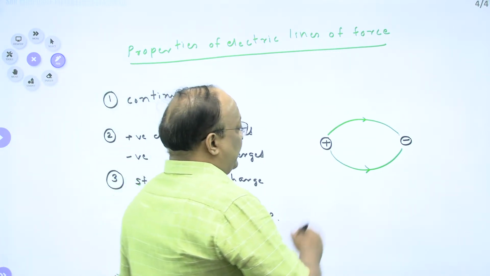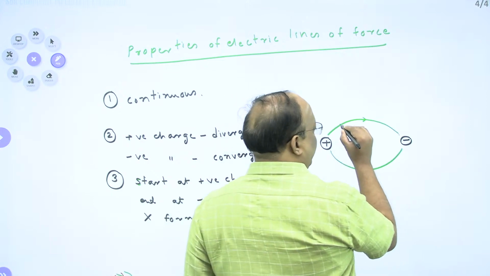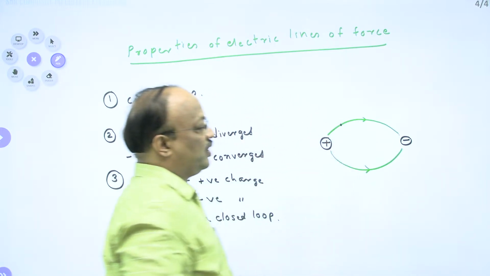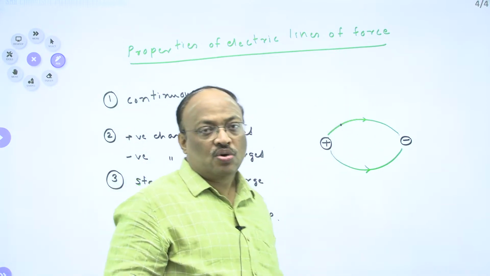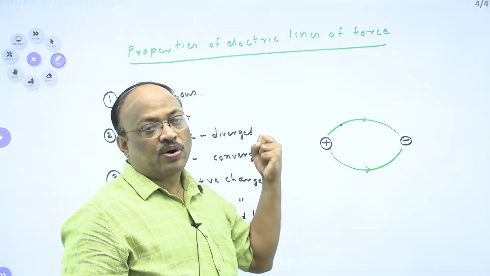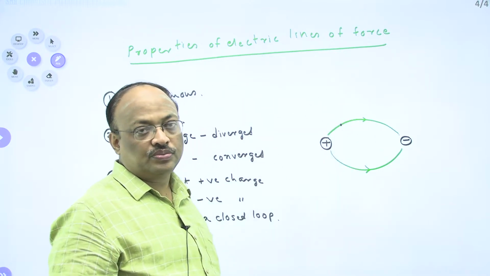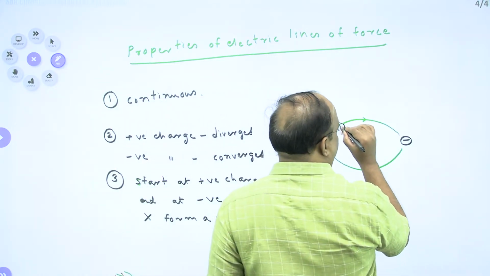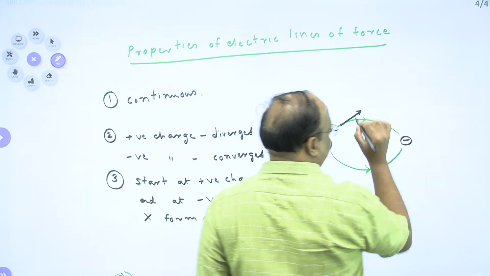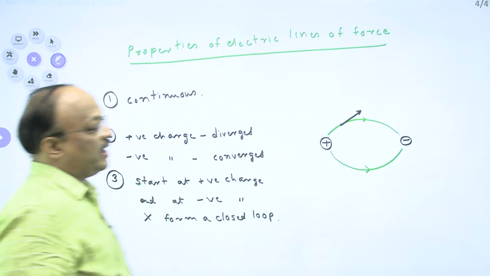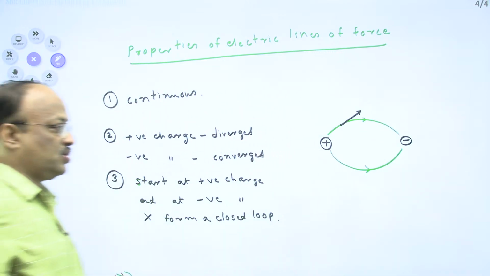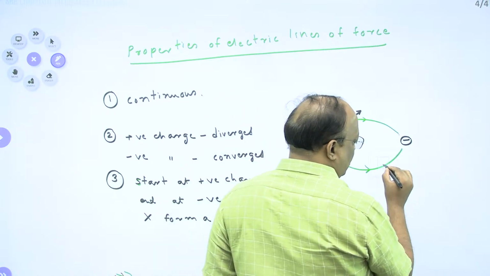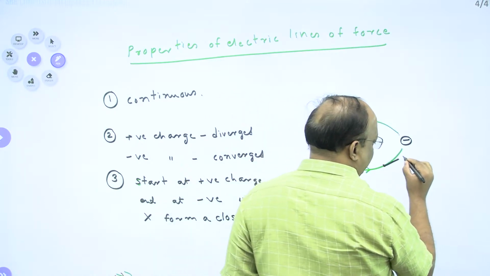Same. If I want to know the electric field at this point due to these two charges, what is the electric field I want to know? A tangent drawn at this point to the electric line of forces. If I want to know the field at this point, draw a tangent here.